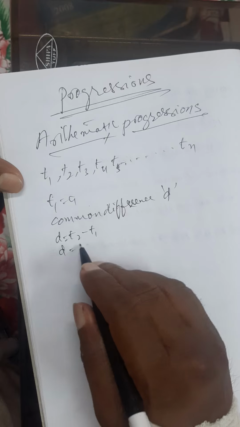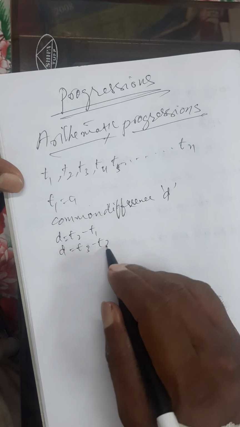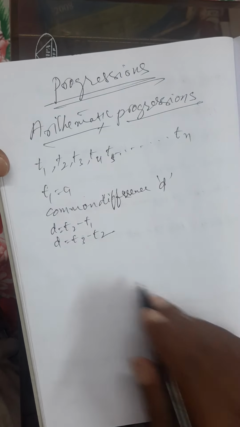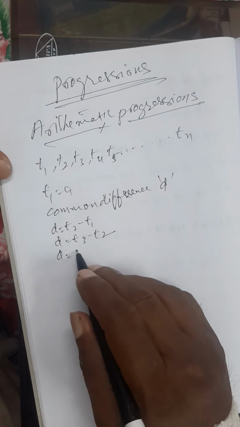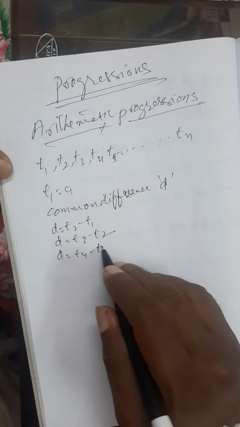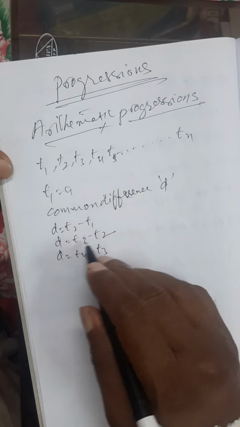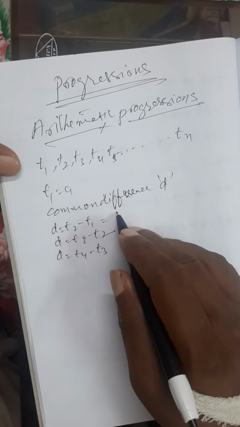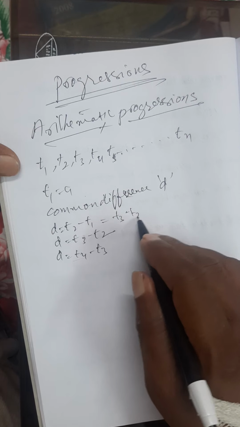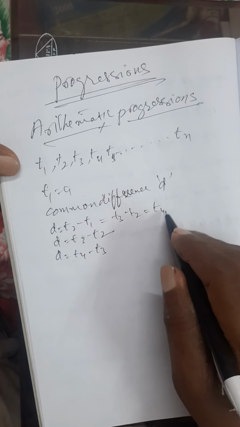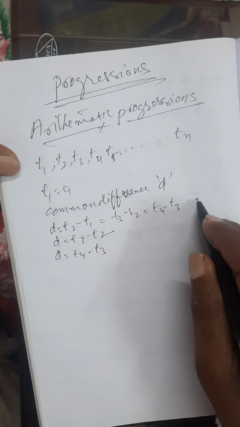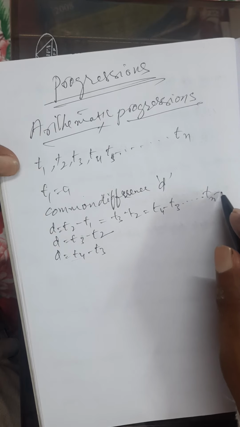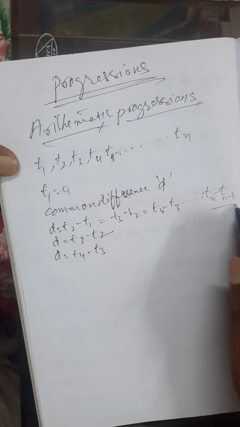Then we can say these are in AP, arithmetic progression. D is t2 minus t1, t4 minus t3, always these answers are the same. So we can write like this: t4 minus t3, dot, tn minus tn-1.